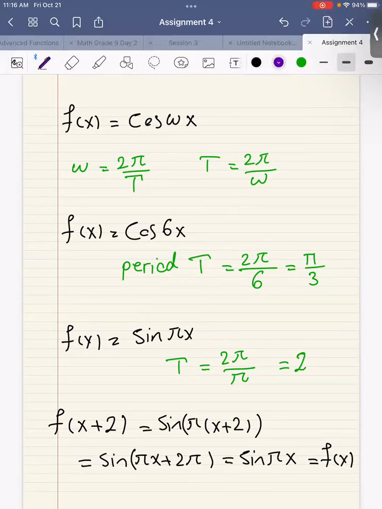Yeah, the period is the smallest number. This is sometimes called the principal period. It is the smallest number T for which f of x plus T is equal to f of x.